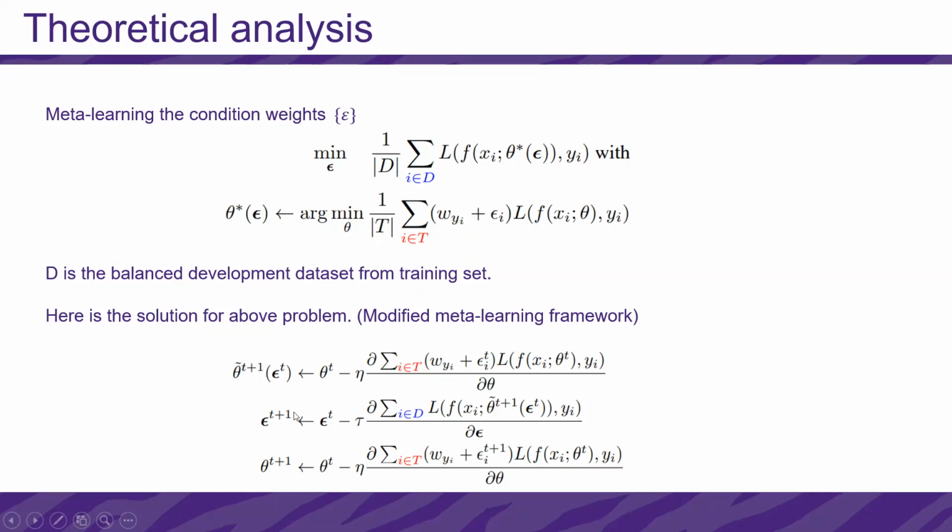And now we get the epsilon t plus 1. And then they use the epsilon t plus 1 with the class-wise weights to get another gradient descent for updating the theta t plus 1. Then they will do these three propagations again and again to get the best epsilon.